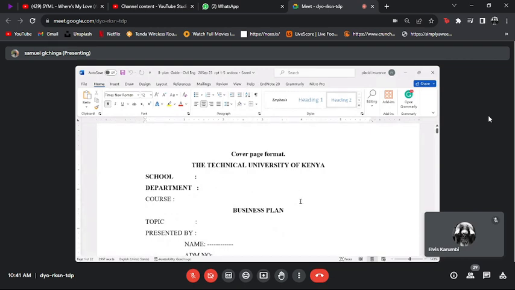So your course has two components in it. There's one called planning, what we call business planning. It is expected that we must take you through what is a business plan. But the objective here is to introduce you to what is a business plan and to ensure that you appreciate the various components of a business plan.